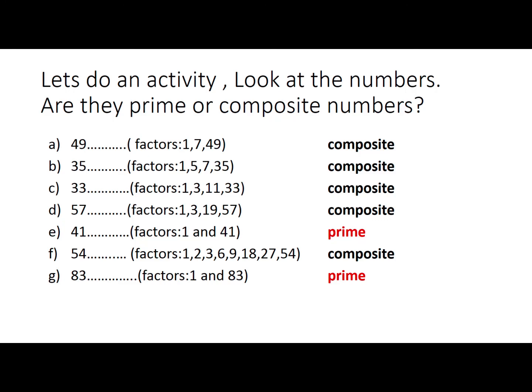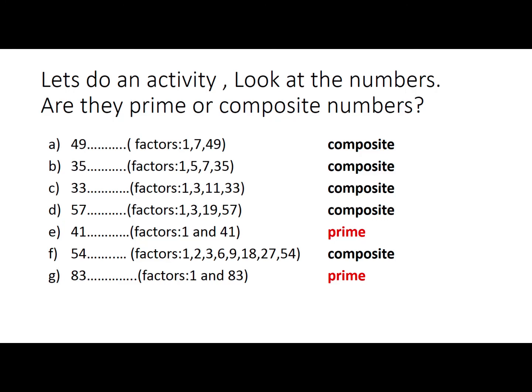Let's do an activity. Look at the numbers. Are they prime or composite numbers? 49 has more than 2 factors, 1, 7, 49. So it is a composite number. Next, 35. Factors of 35 are 1, 5, 7, 35.